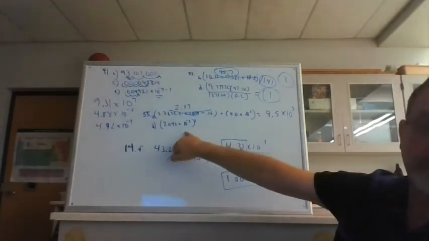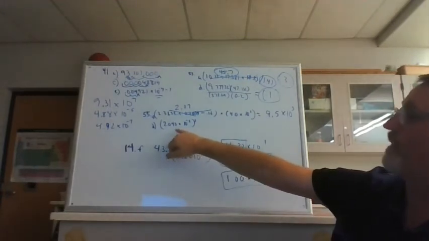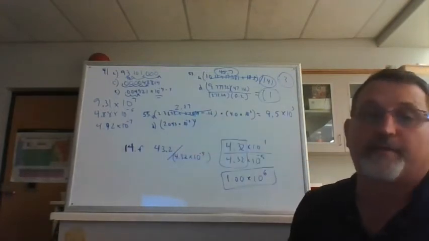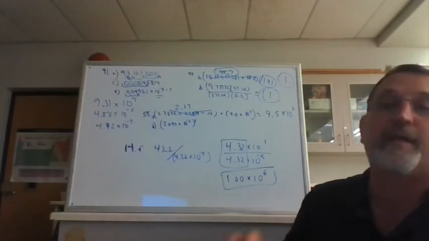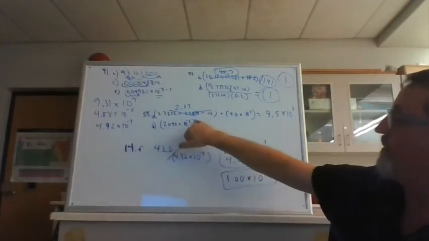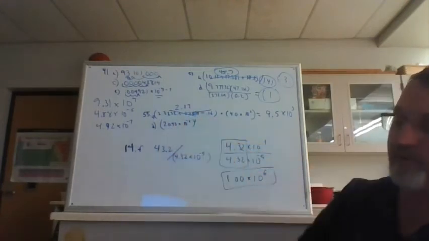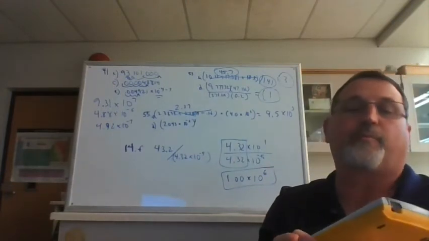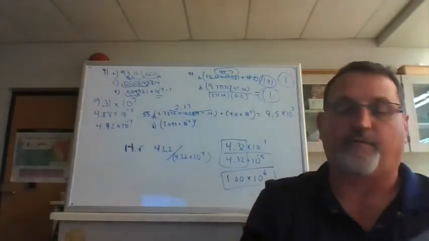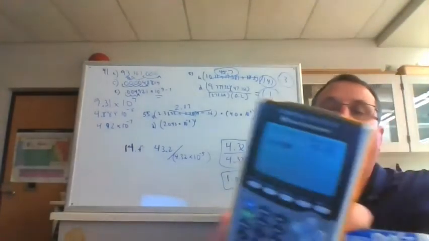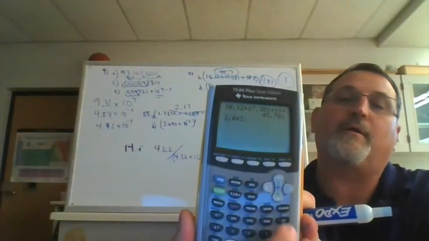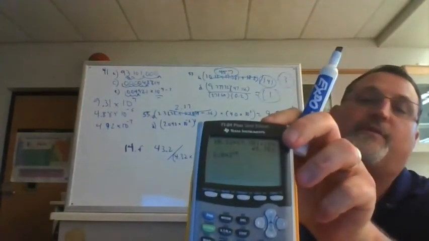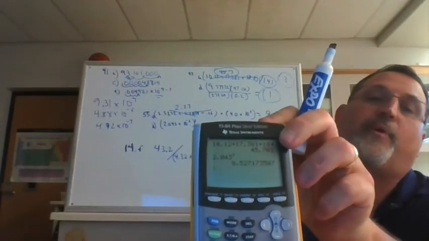Then finally you have this one, which really seems to freak people out, 2.043 times 10 to the negative second, all to the third. There's 2 ways to do this one as well. You can treat it as 2 different numbers, this to the third and this to the third. If you have a good graphing calculator, then you can go 2.043 up arrow to the third, and that gives you 8.527.